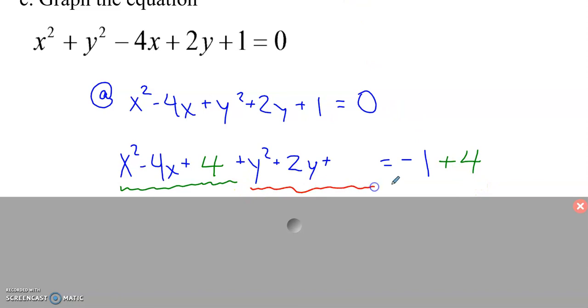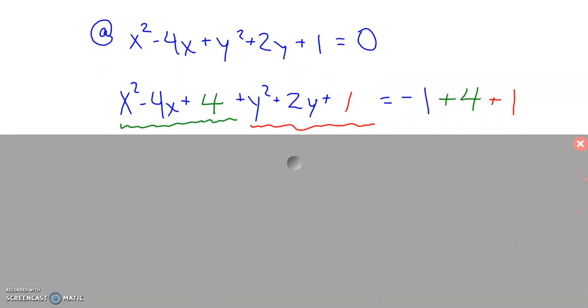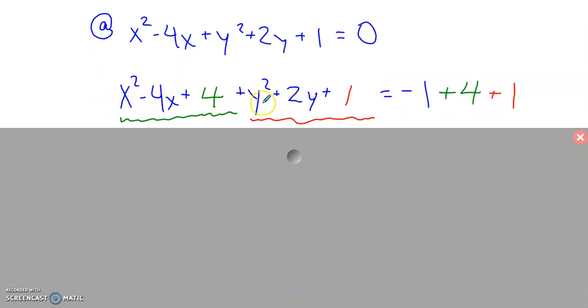Basically I want this to be a perfect square, and the way I do that is I take half of b, so half of this number, half of 2 is 1, I square it and I get 1. But again, I'm not allowed to just add 1 to an equation unless I also add 1 to the other side of the equation. So that's how I keep the equation balanced. Now you'll notice that this right here is now a perfect square.